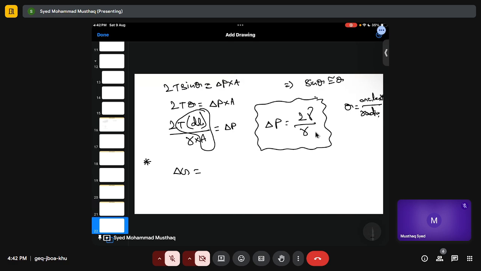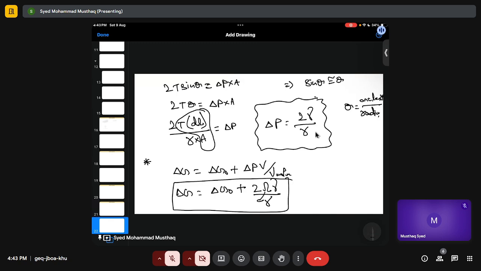Delta G will be equal to delta G naught plus delta P times V. If I am talking about per atom, then the volume of the solid will be divided by molar volume. Then this will be equal to 2 omega surface energy divided by R, where omega is my atomic volume, if I am talking about per atom.